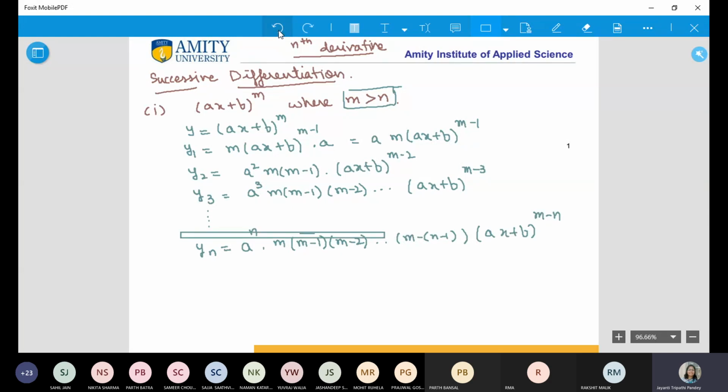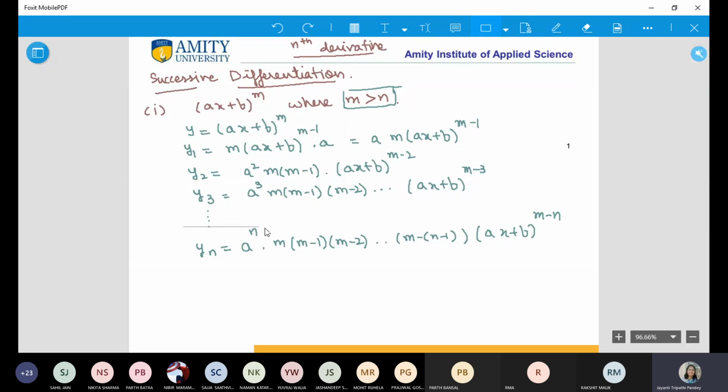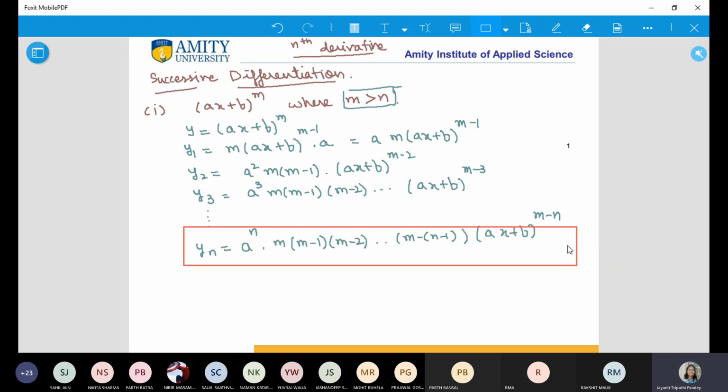Now see, suppose m is an integer. This is the general formula, okay?